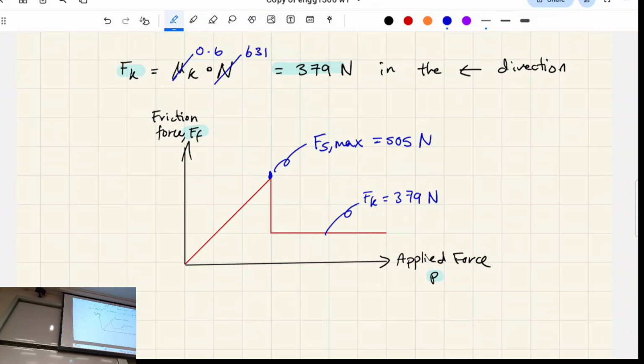Regardless if it's a circle or a box, you have to check for static first, and if it surpasses the static friction, then it's fine. Or if you're told that it's already in motion, it just uses the kinetic friction constant. If it says that it starts stationary, you have to check if it surpasses the slip.